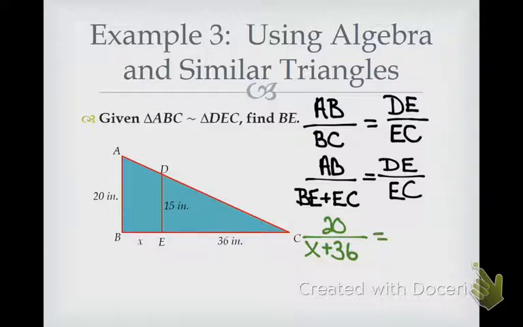Okay, and DE is 15. And EC is 36. Okay, so now I'm still going to do cross products to solve this proportion. The only difference is I'm going to have distributive property.